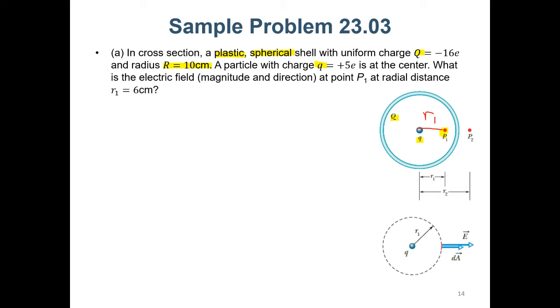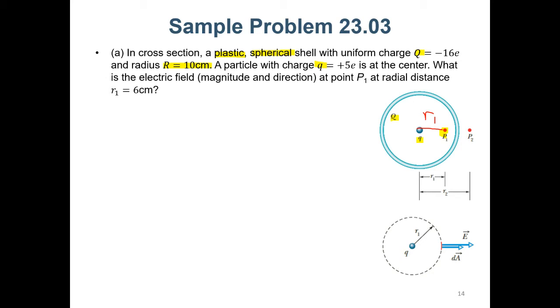I don't draw it here, otherwise it may be very messy. So you can consider a charge here with a Gaussian surface, and the shell is outside. According to the Gauss law, Q enclosed is nothing but small q. The capital Q is outside of this Gaussian surface.